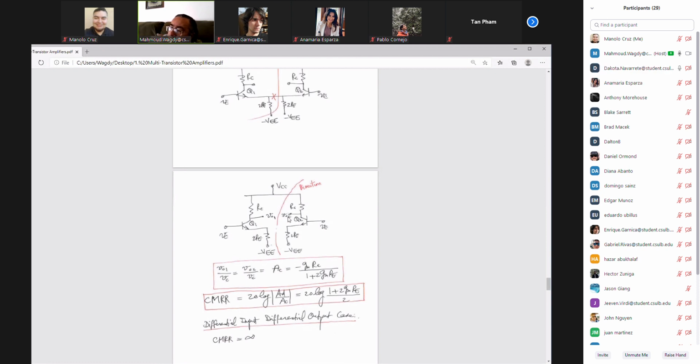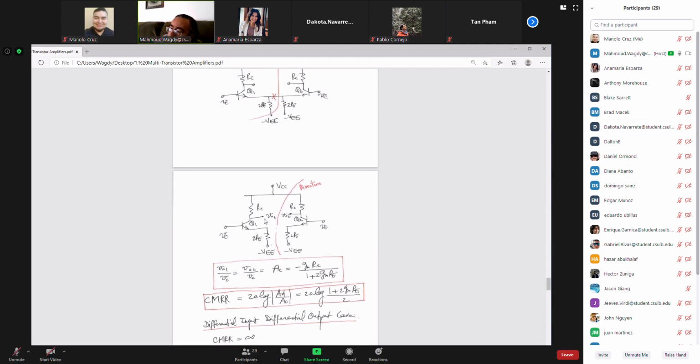That the common mode part is 0. Suppose you have a plus 1 volt here and minus 1 volt here. Well, there is a differential component at the output of 2 volts, but there is a 0 common mode output. See, 0 common mode output.